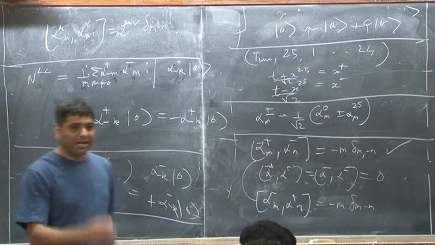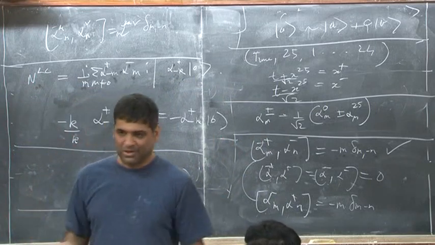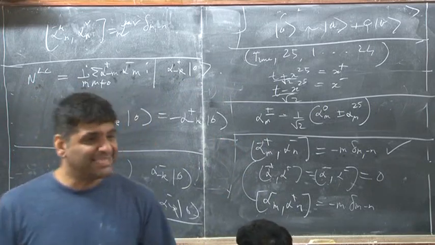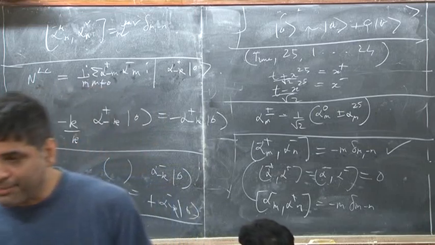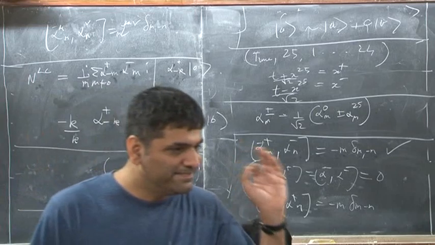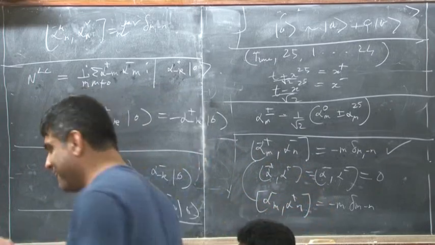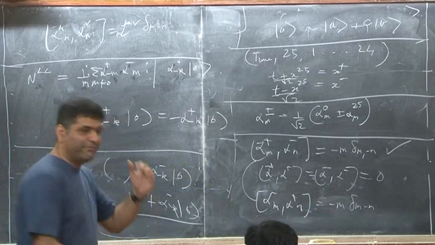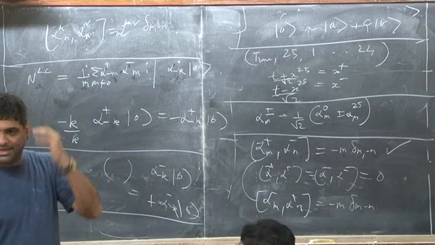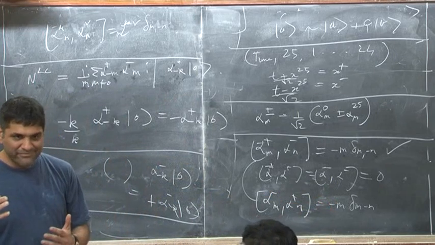So every term in L0, or every term in L that lacks an alpha 0, is automatically NLC 0, because it will come with an alpha plus and an alpha minus.